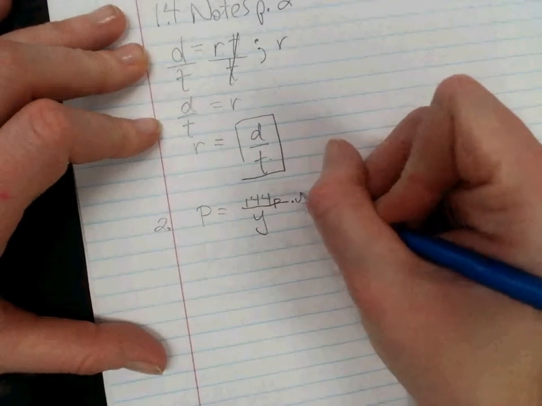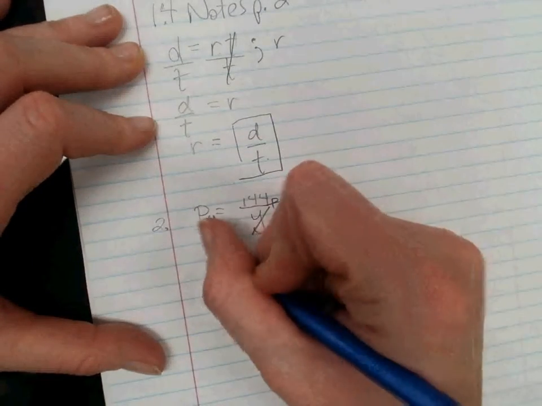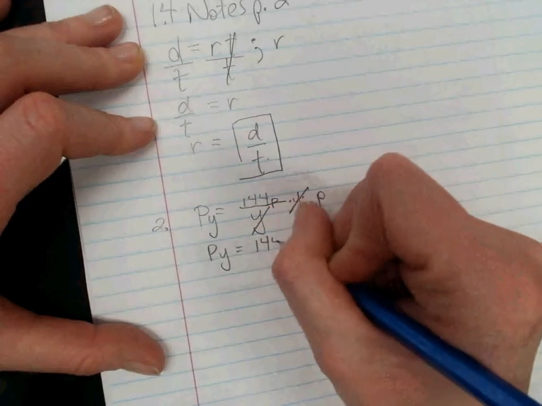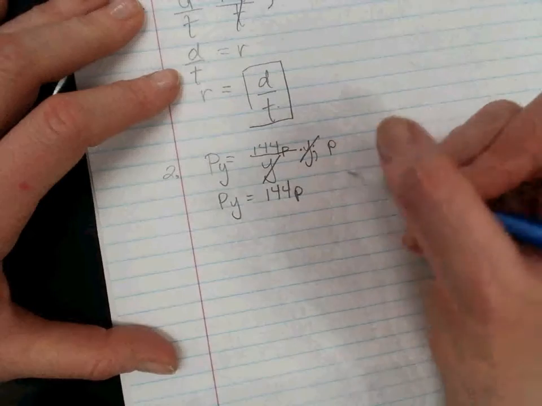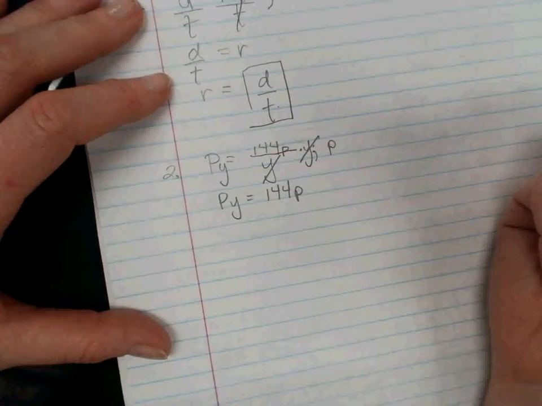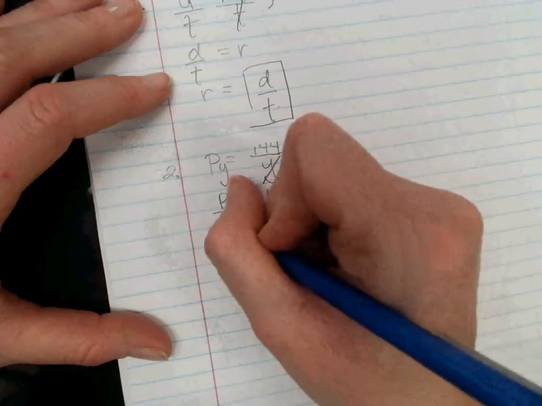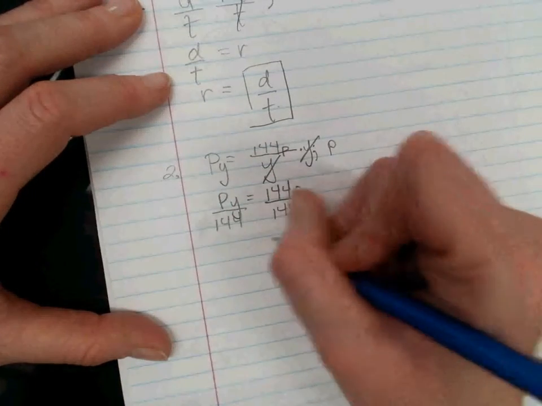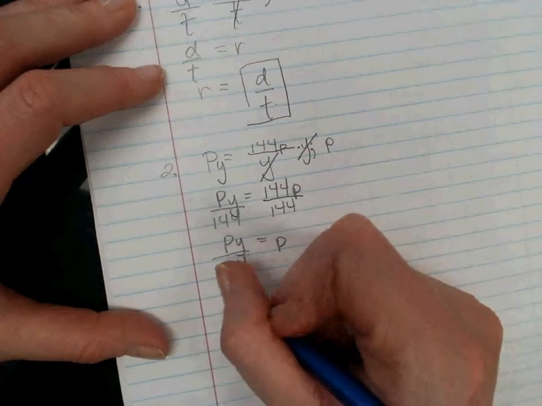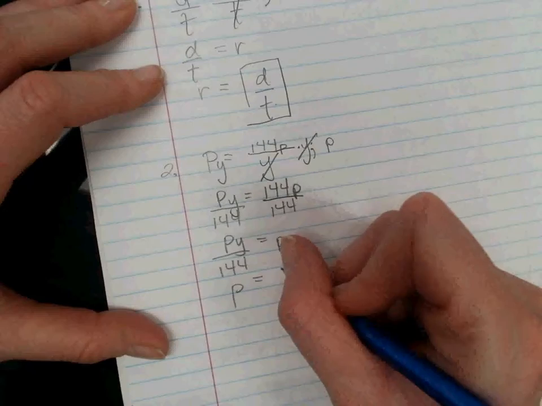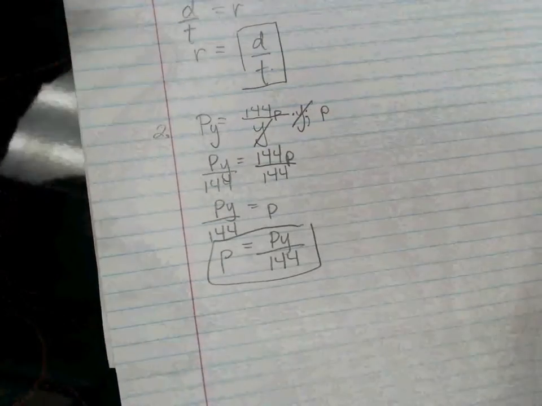Starting off this one, we multiply both sides by y, and we wind up with py equals 144 lowercase p. Last step, divide by 144. So we have lowercase p equals py over 144, or you can write that as lowercase p equals py over 144.